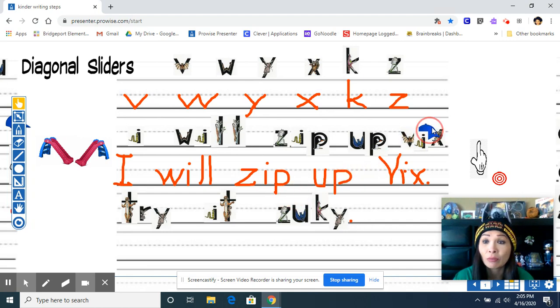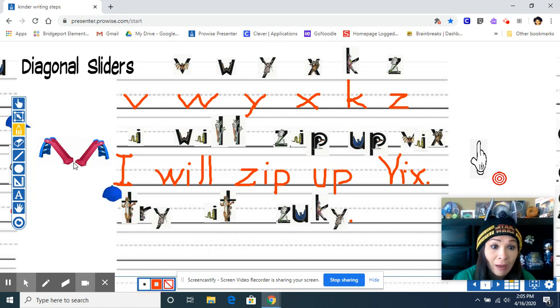So now let's write it, making sure that we have a capital and space. Get your pencil out and you can write it with me. Let's do try. Since it's at the beginning of a sentence, the T has to be capitalized. So I will make my T first, dive straight down. Now, capital T, you don't cross at the middle. You have to cross at the top because that's a capital.